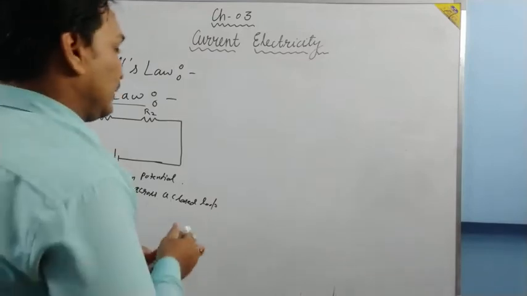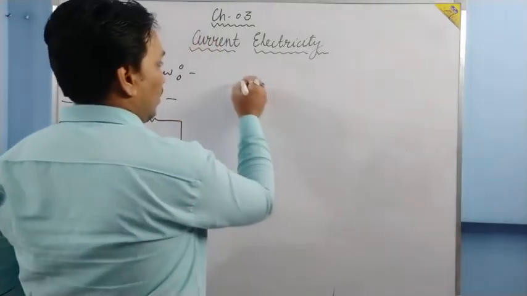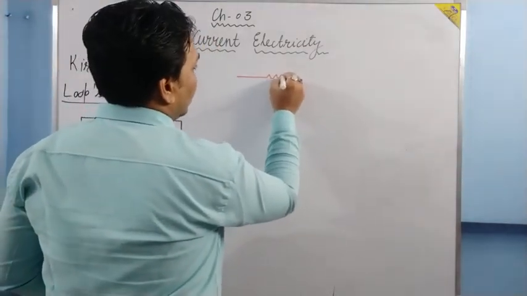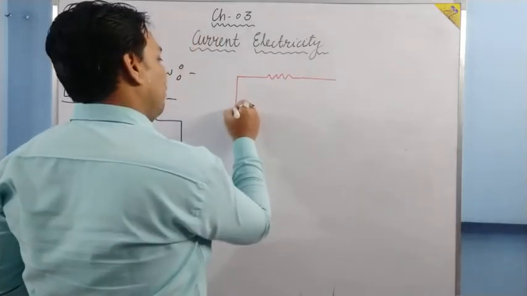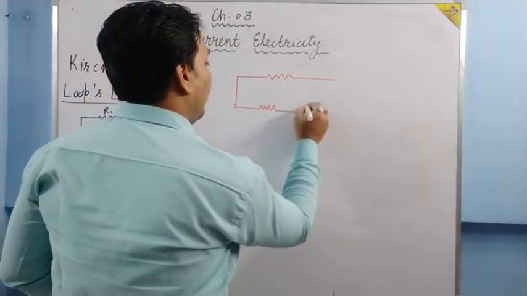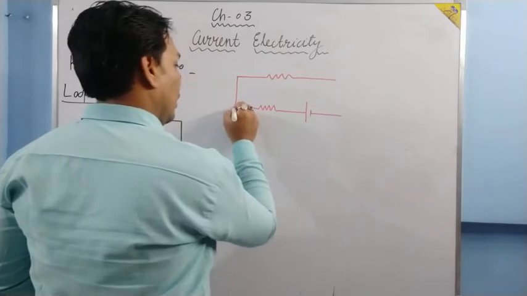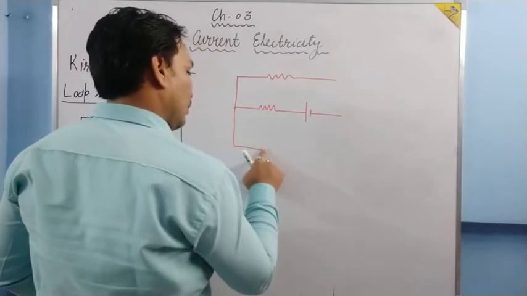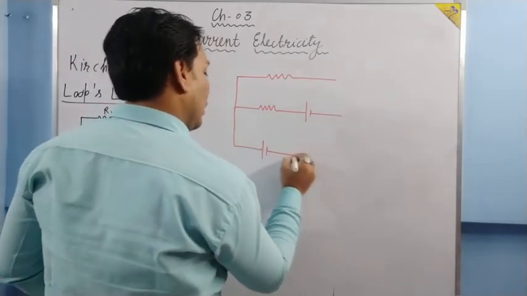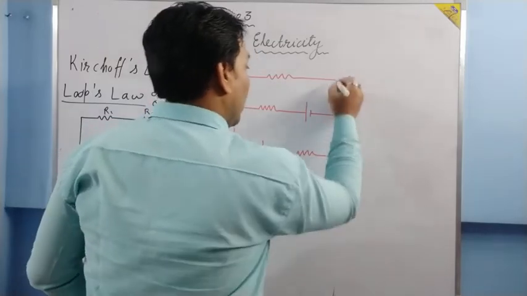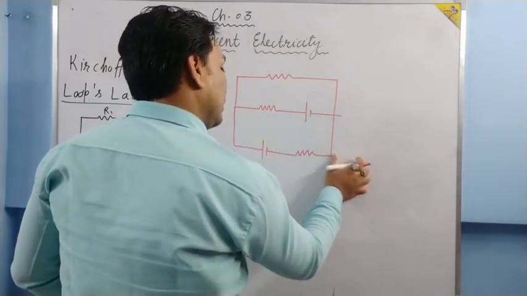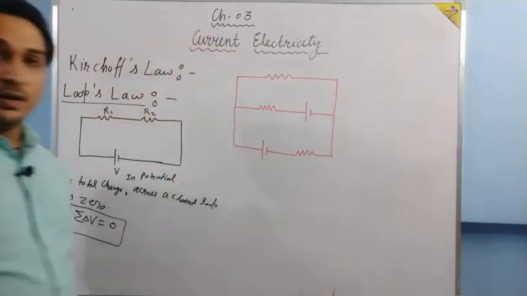Suppose a circuit is given like this. I am drawing over here. The circuit is like this.